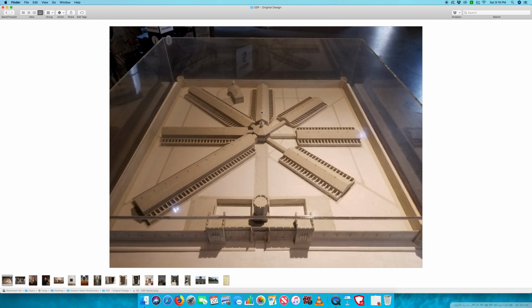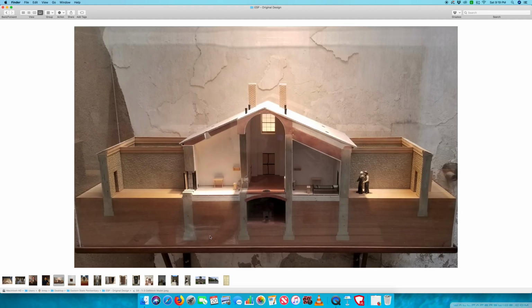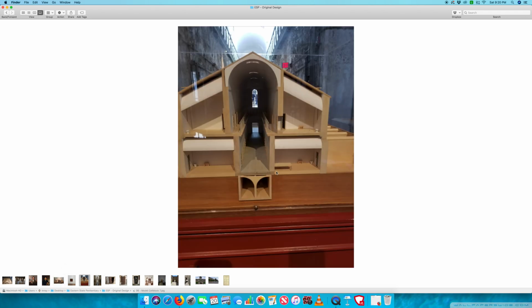So 4 through 7 are built using doors, traditional doors in the cell house. You can kind of see this double door situation. It's hard to tell here. Here's a couple of doors we would have seen.